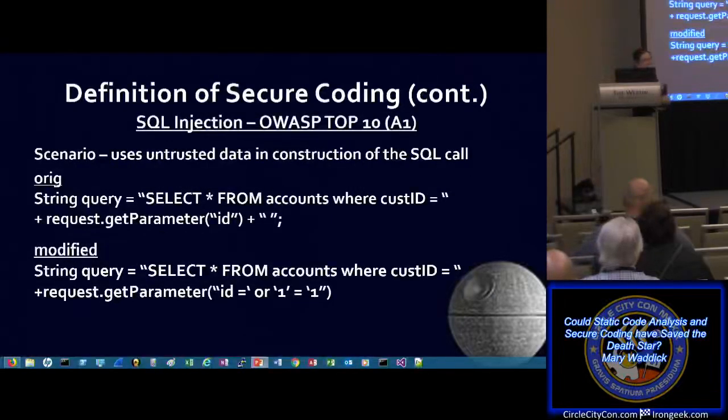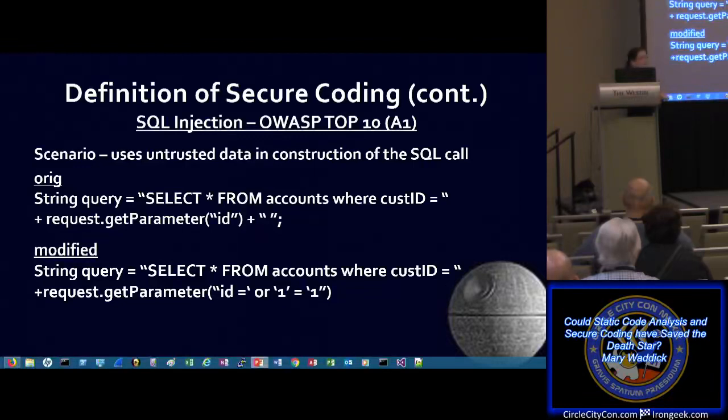SQL injection. This is an example of a SQL injection. Using untrusted data in a SQL call. For right here, they're just calling with customer ID and just calling with ID.